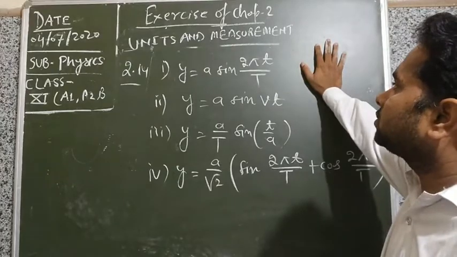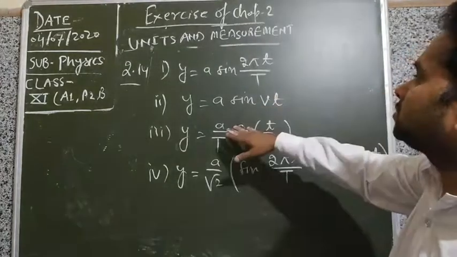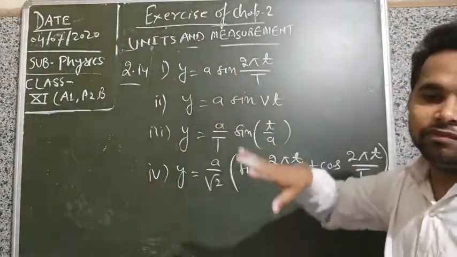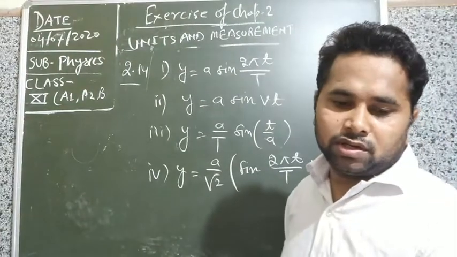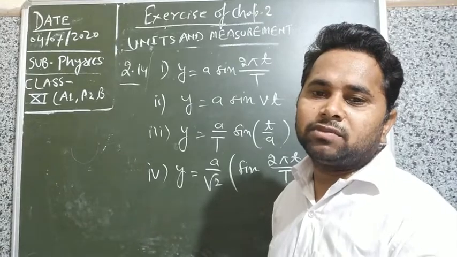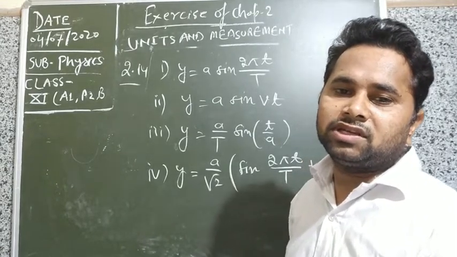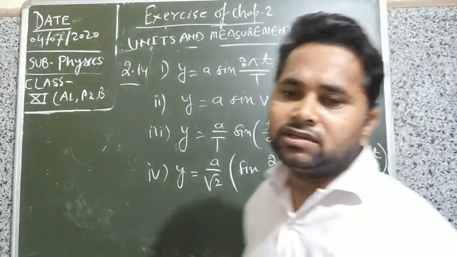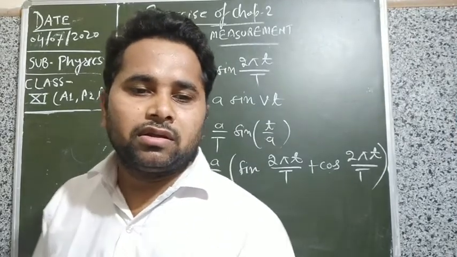The terms are given in the question: y is the displacement, a is the maximum displacement of the particle, v is the speed of the particle, capital T is the time period.